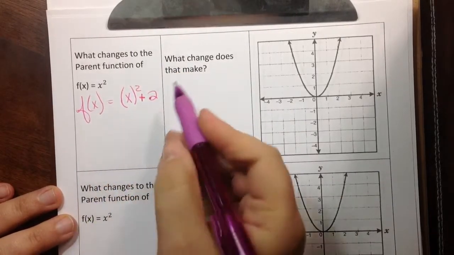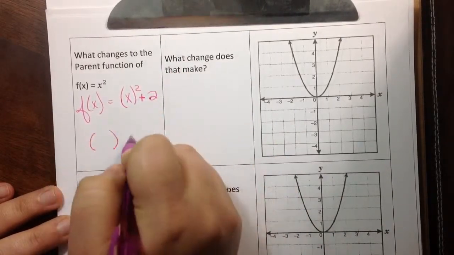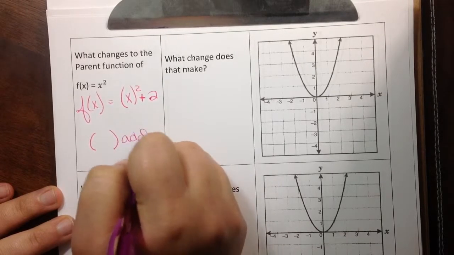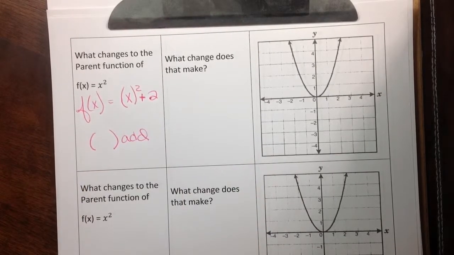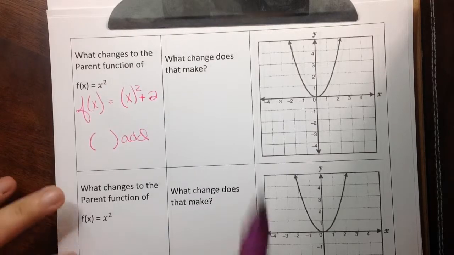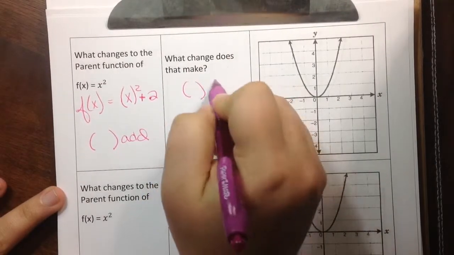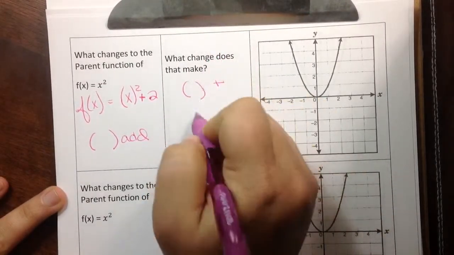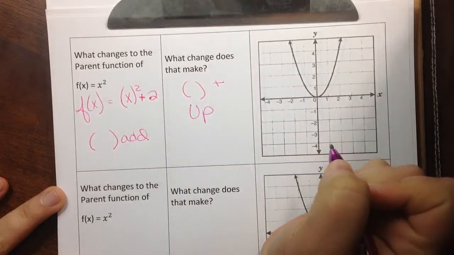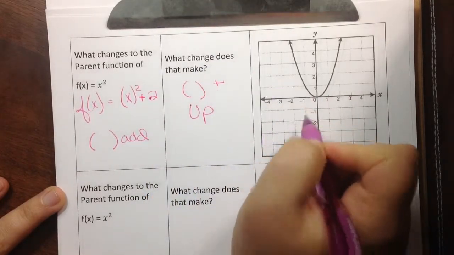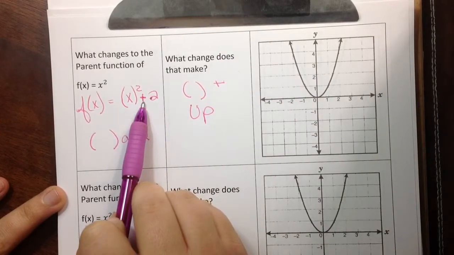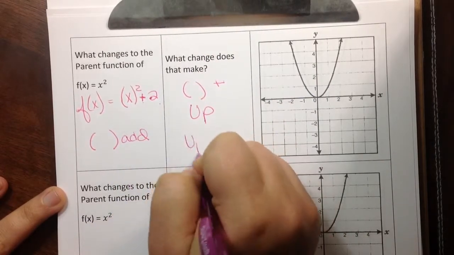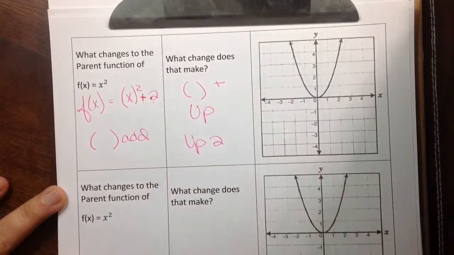I have parentheses, but this time I'm going to add outside the parentheses. When I'm adding outside the parentheses, I'm going to be moving up. So our graph will be moving up, in this case up 2.